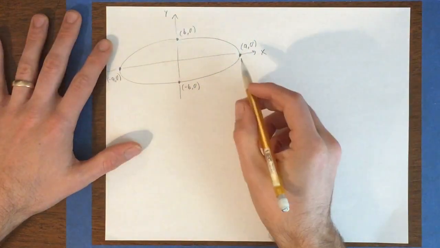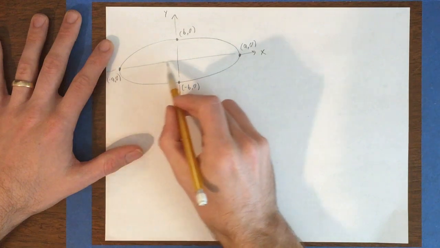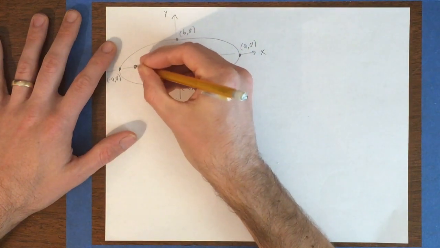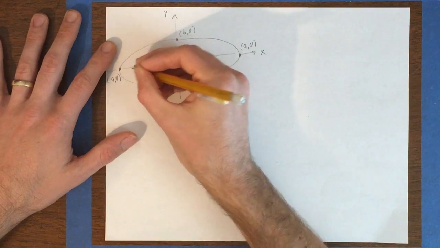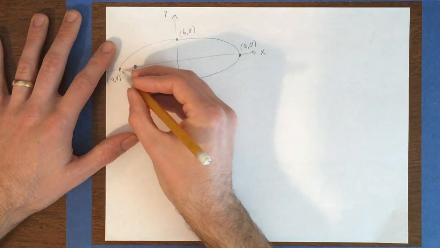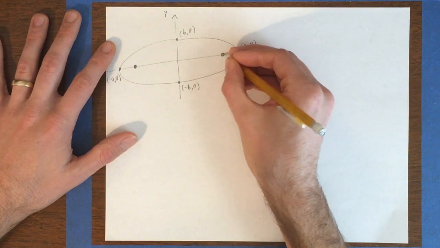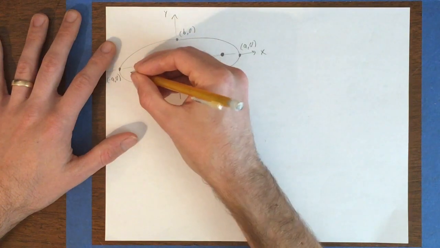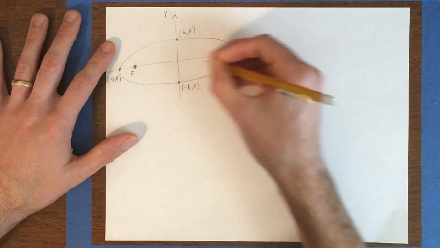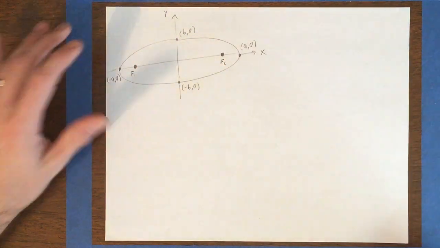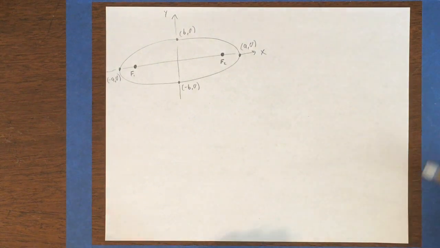But the foci will always be on the major axis inside, and they're always the same distance away from the vertices on the left and the right. So this distance here and the distance on the other side are going to be the same. So our foci are somewhere like that. I'm going to call them F1 and F2. That's a common labeling for foci.